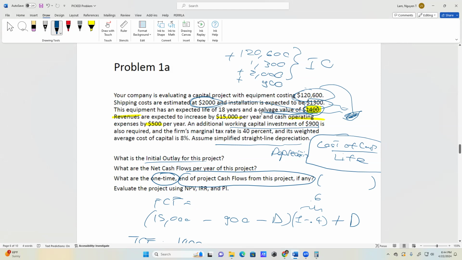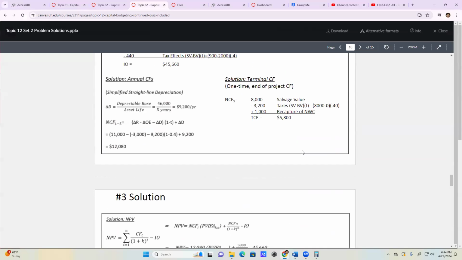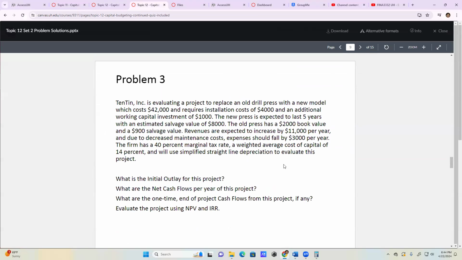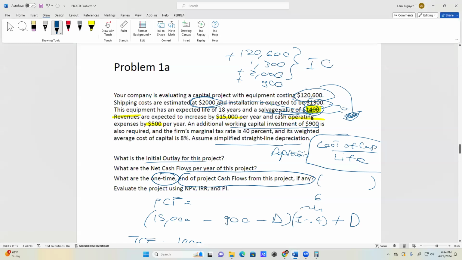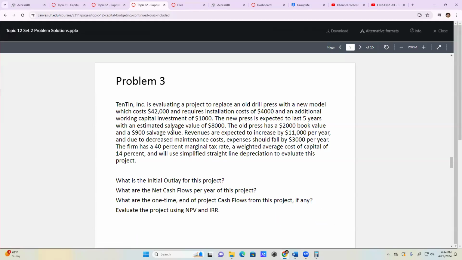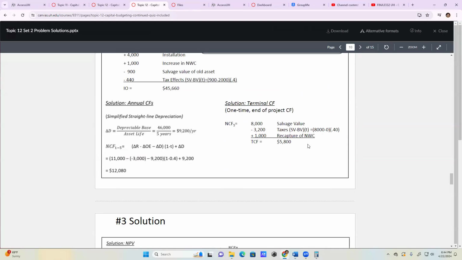The equipment has expected and salvage value of 1,400. The last year with an estimated salvage value of 4.